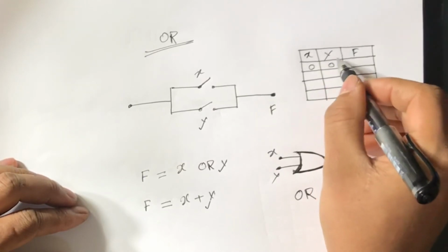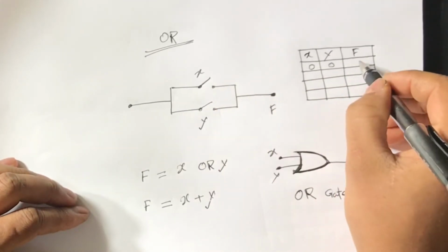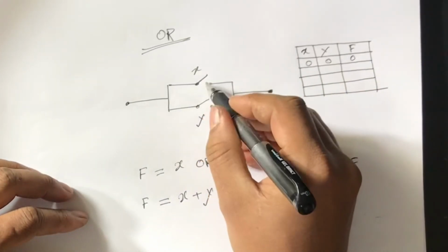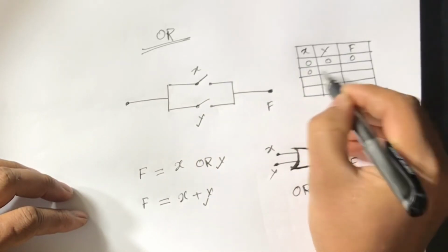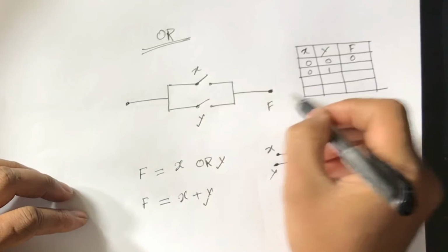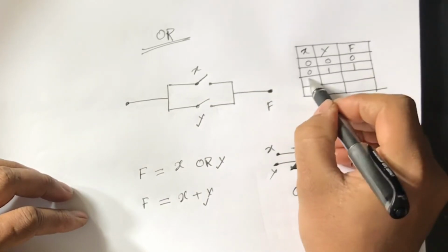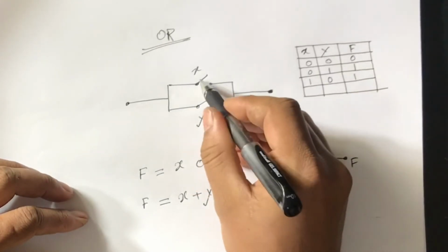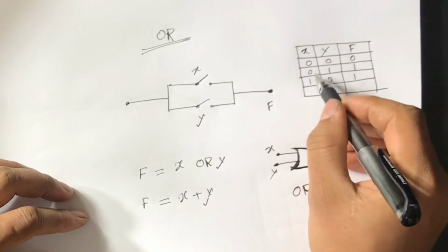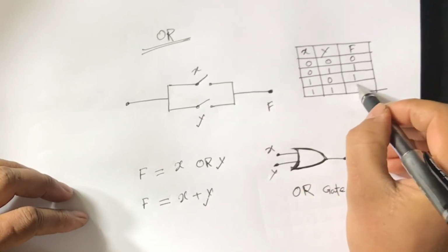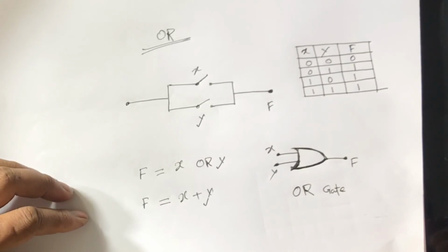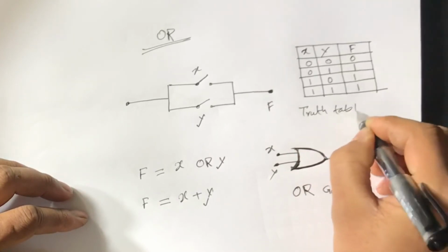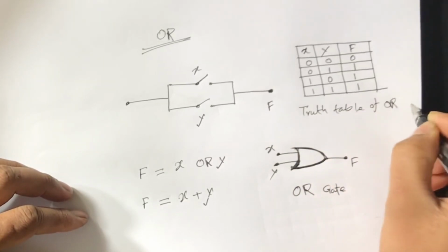When we put 0 and 0 in inputs, we will get 0 at the output. If any one of these switches is closed, like 0, 1, we will get the output 1. When both switches are closed, like X and Y are 1, we also get the output 1. This is the truth table of OR gate.